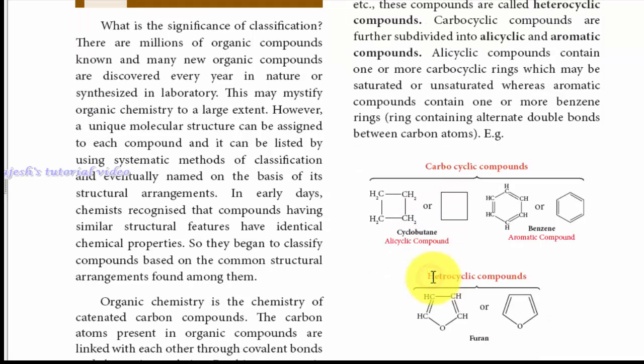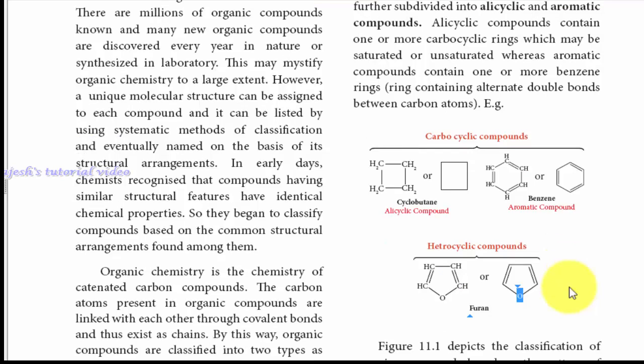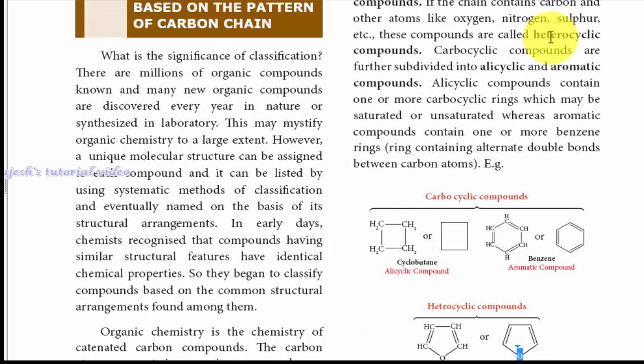If the chain contains carbon atoms bonded with other atoms like oxygen, nitrogen, sulfur, etc., then such compounds are called heterocyclic compounds. That is, carbon is bonded to other atoms also, not only carbon. Such compounds are called heterocyclic compounds.